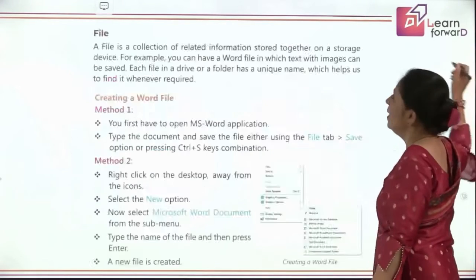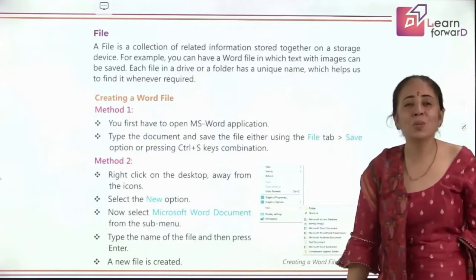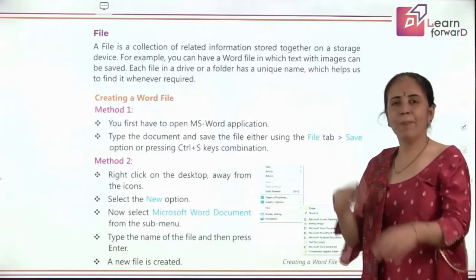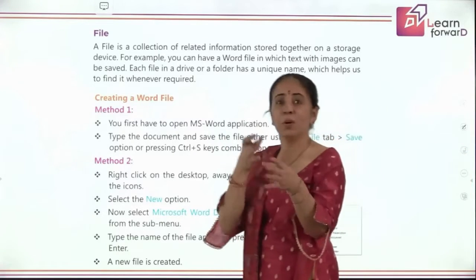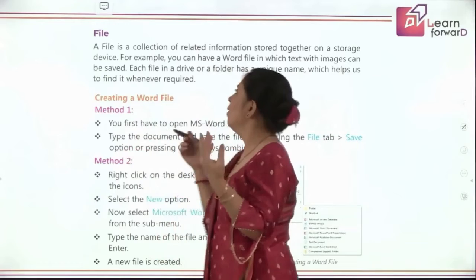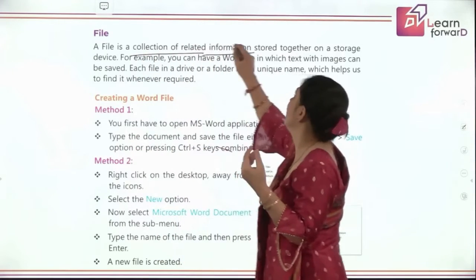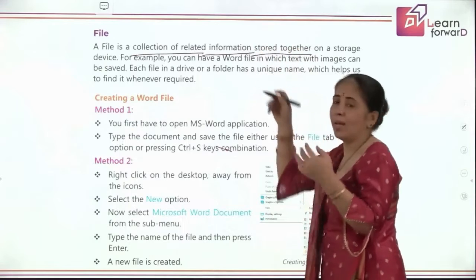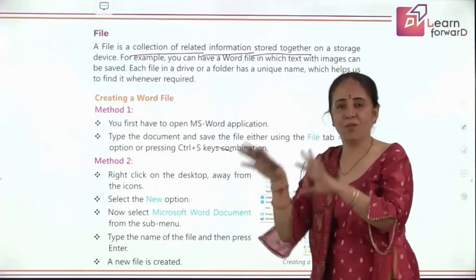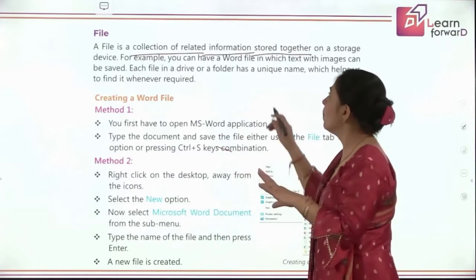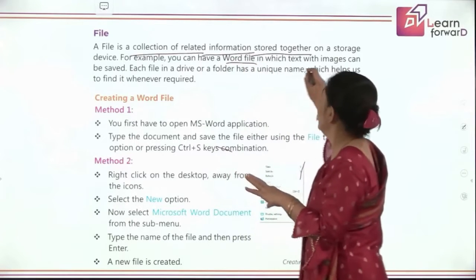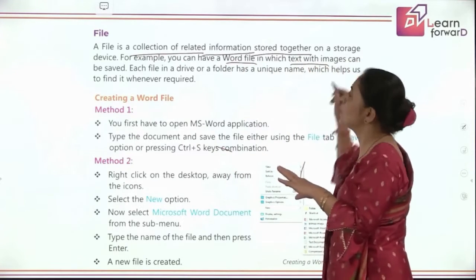Lovely. Now, what is actually a file? We have been talking about files and folders, but what is a file, children? A file is a collection of related information which is stored together in the storage device. Suppose you have a Word file in which you are storing text with images.